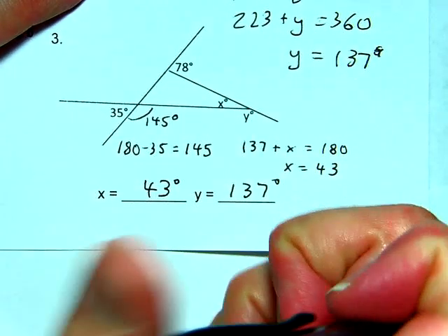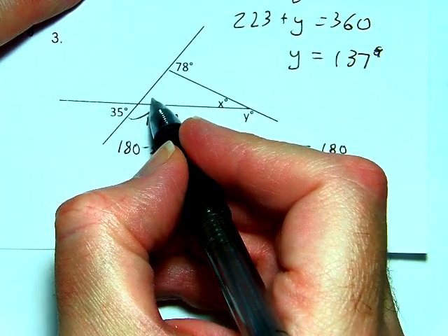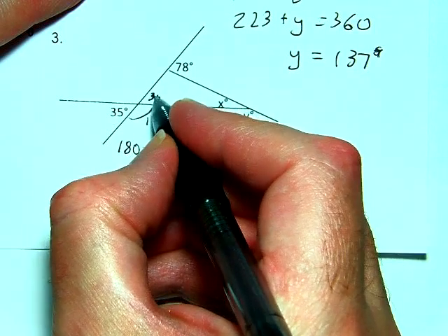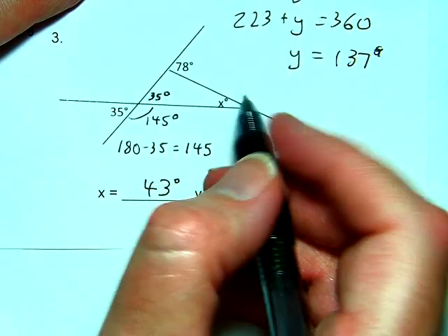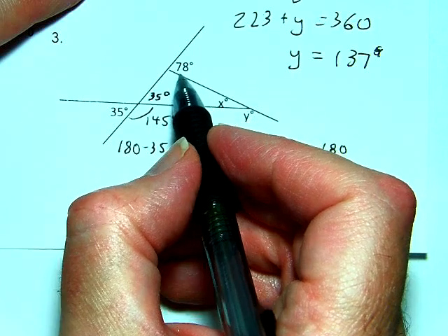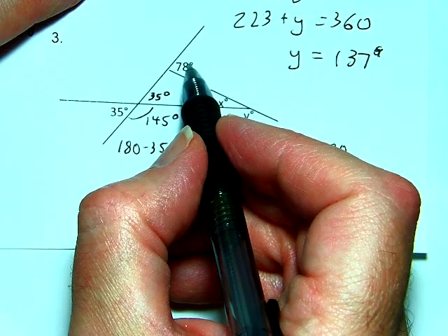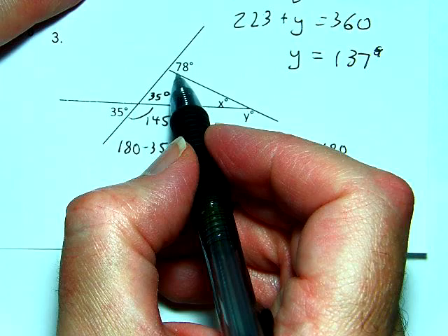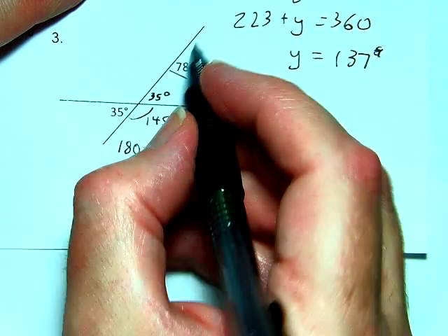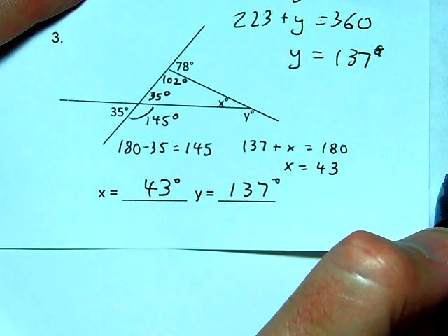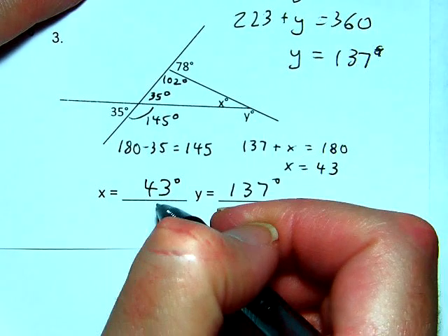This angle in the lower left corner is vertical to 35 degrees, so we know that's a 35-degree angle of the triangle. We know that the top angle of the triangle is a linear pair with 78 degrees. So what would that be? 180 minus 78 would be 102 degrees. And then finally, we said x is 43.